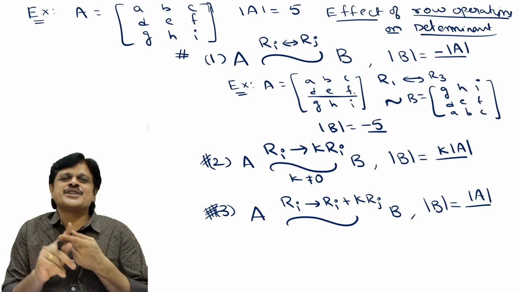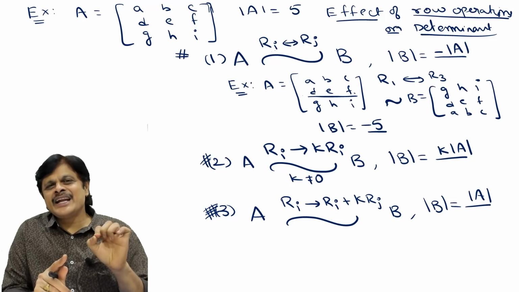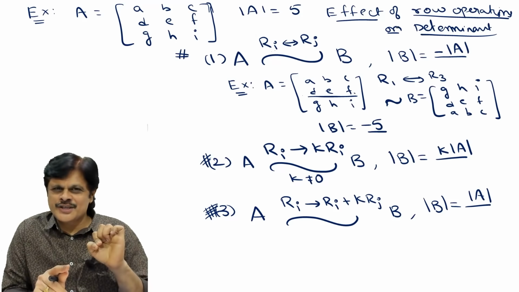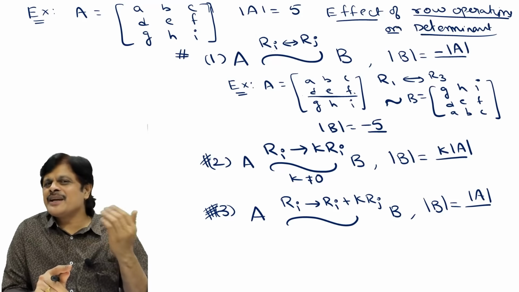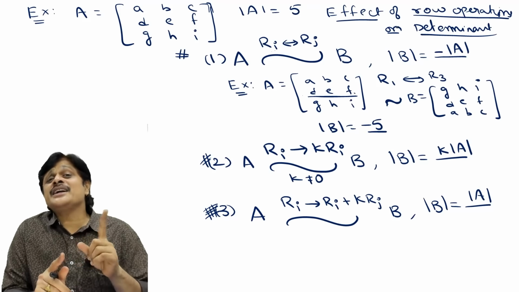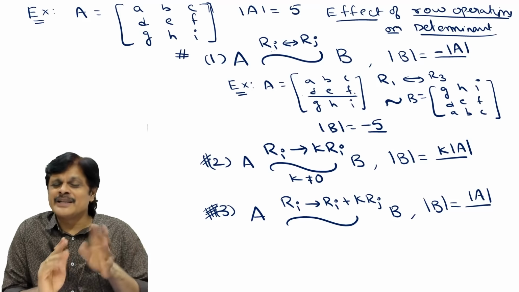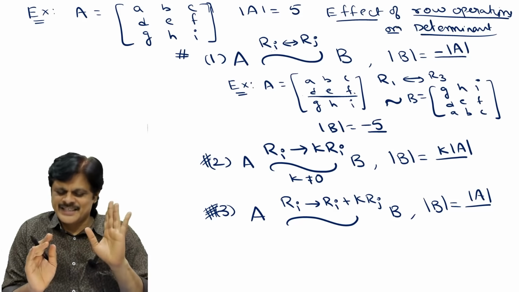If you interchange two columns, the determinant sign will change. If you multiply any column with a non-zero constant, the determinant will be that constant times the original determinant, and if a constant times another column is added to a particular column, the determinant will not change.